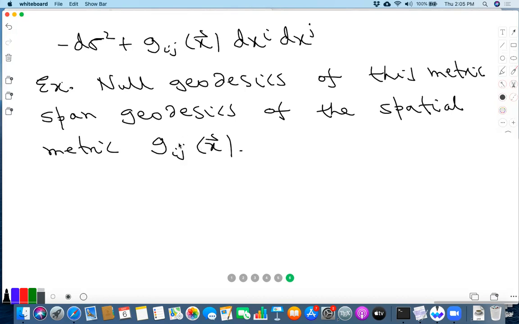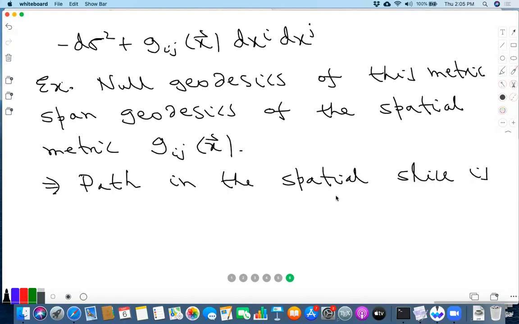And that, of course, is what we had called this curve C. So this basically means that the spatial path in the spatial slice is time independent.